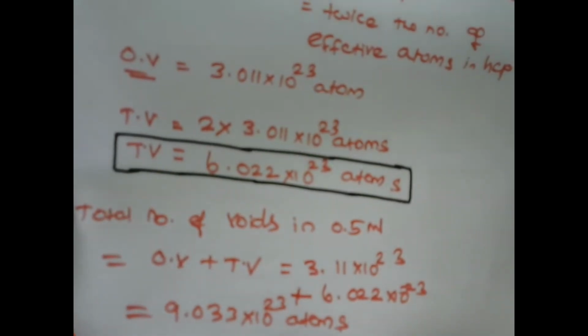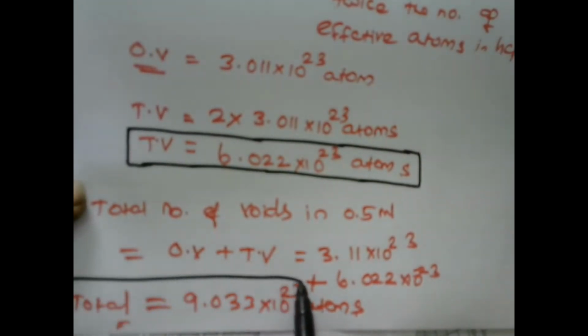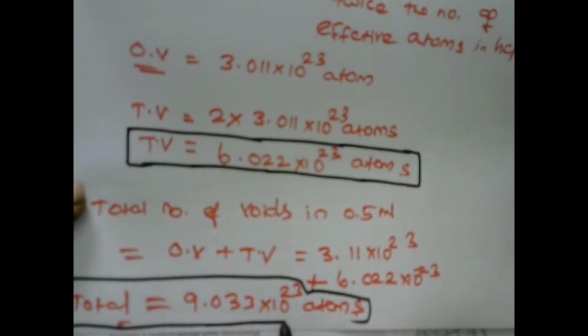That is the total number of voids present in 0.5 mole of the given compound. This is nothing but 3.011 plus 6.022, into 10 to the power of 23.